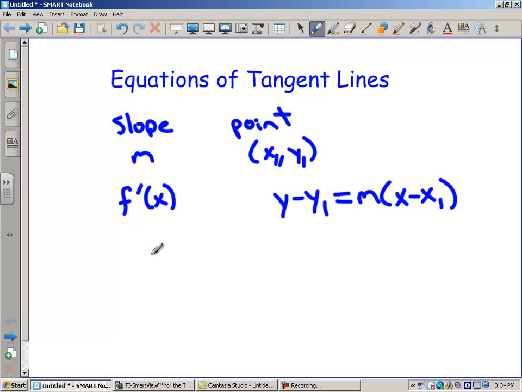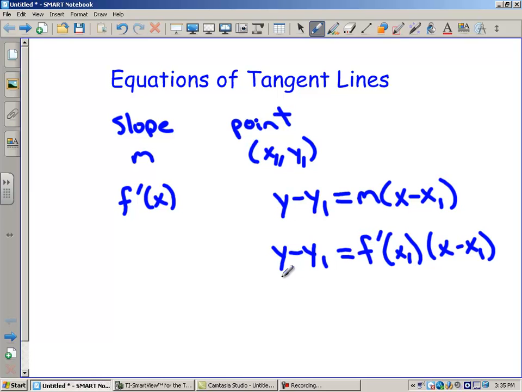The calculus version of an equation of a tangent line is going to look very similar. It's going to be y minus y1 equals, instead of m, we're going to write f prime at the point x1 and then times x minus x1. And you can even add y1 to both sides and you can get y equals y1 plus f prime at that point x times x minus x1.